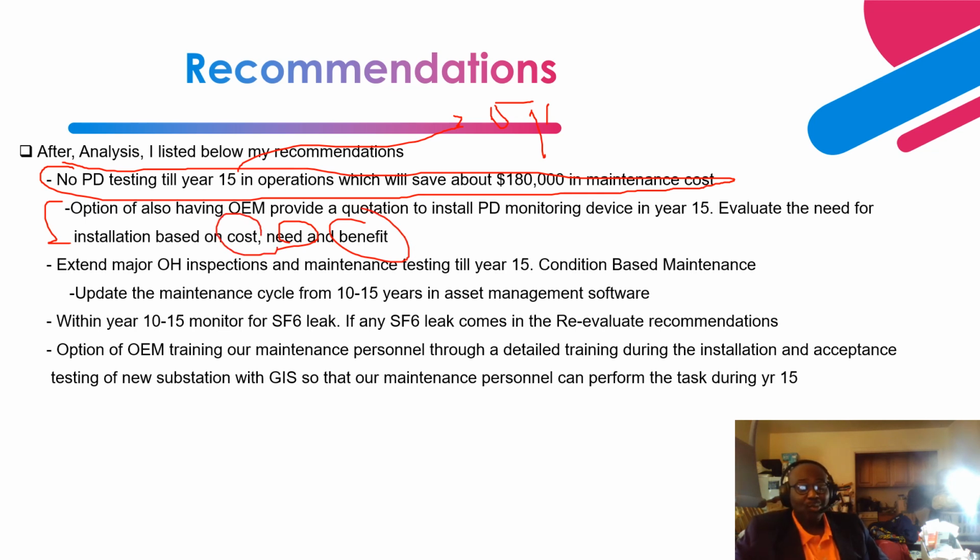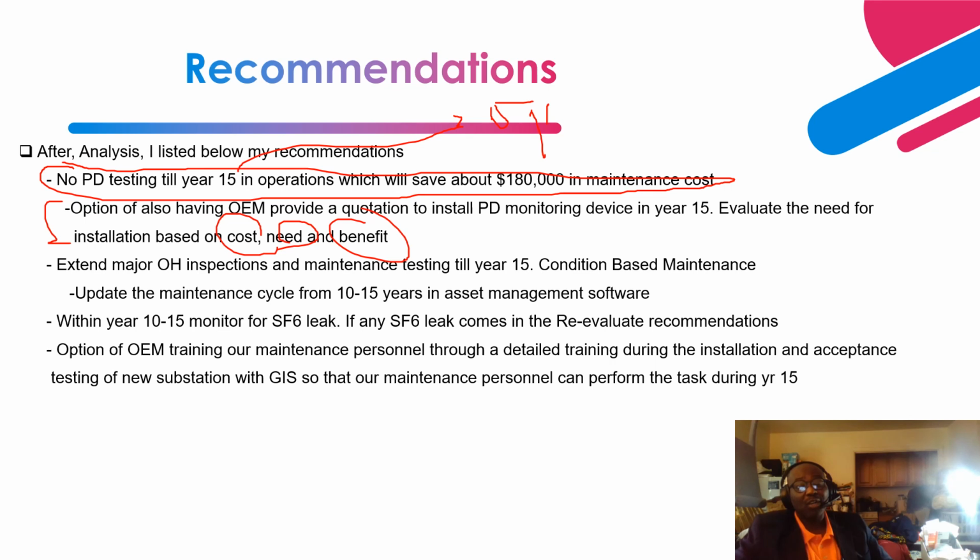Usually when these quotations come from the OEM, it is really pricey, right? So that itself, like I said, if there's the need, and I'm pretty sure it's not going to be for all GIS, we have to come up with the GIS where, let's say, we have an SF6 leak starting on any of the GIS from year 10 up to year 15. That is when we need to consider it.